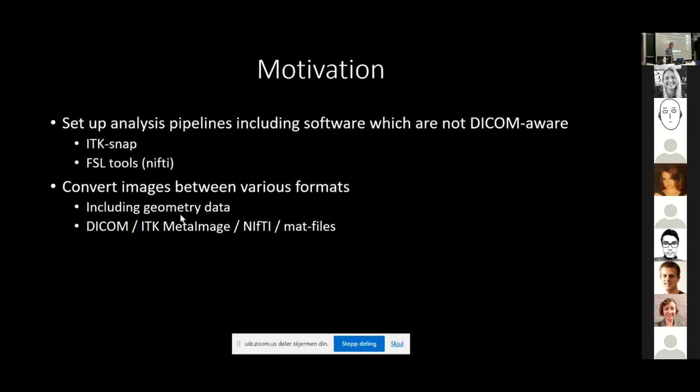I suppose some of you have heard about this data format, NIfTI. There are also MATLAB files that are useful sometimes. How do you convert between these and back to DICOM, including information like patient name and geometry, for instance? It turned out not to be so easy.